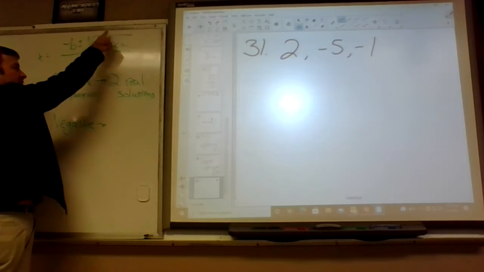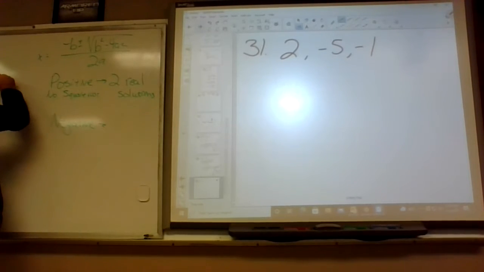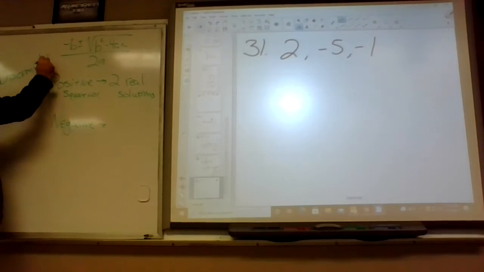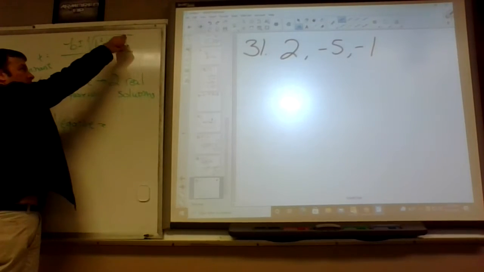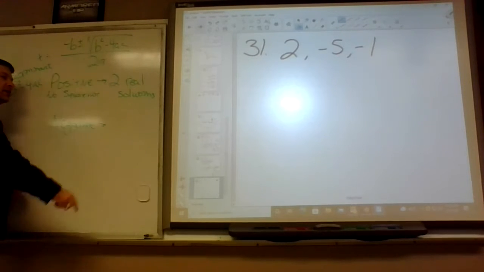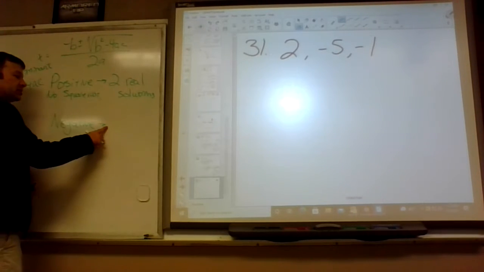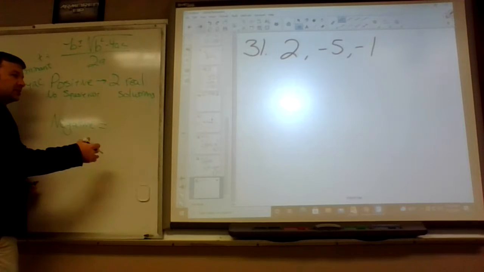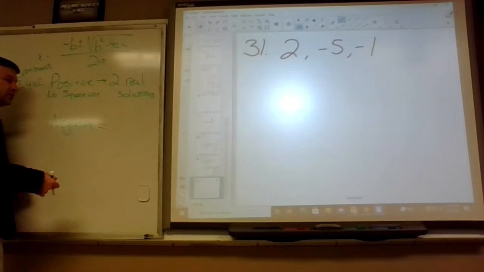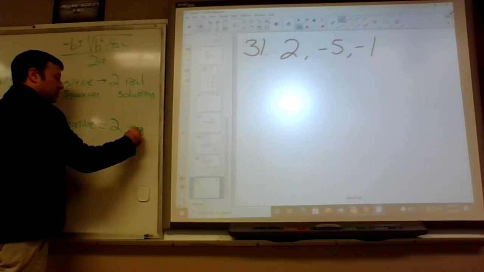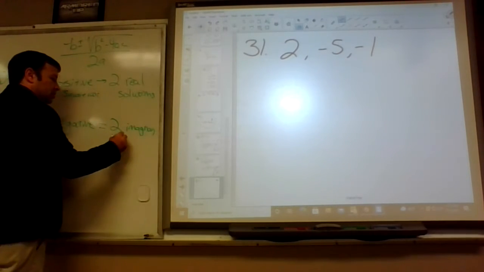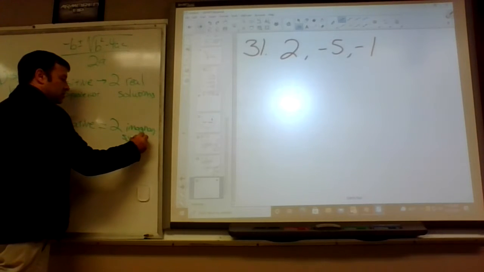If this comes out as negative under a square root, what kind of answers does that give us? Imaginary, or the way the book said it, complex. Complex means a real plus an imaginary together. Anyway, we get two imaginary solutions.